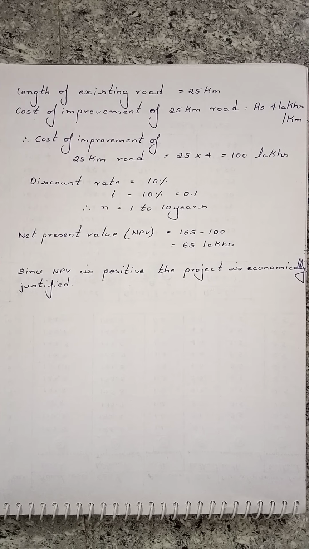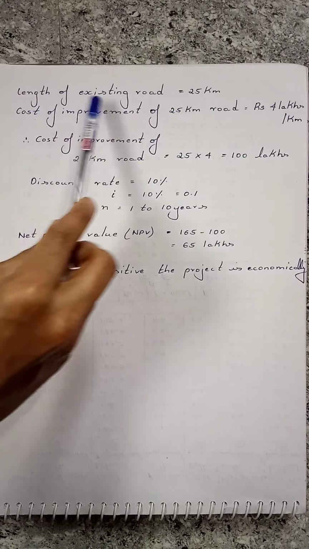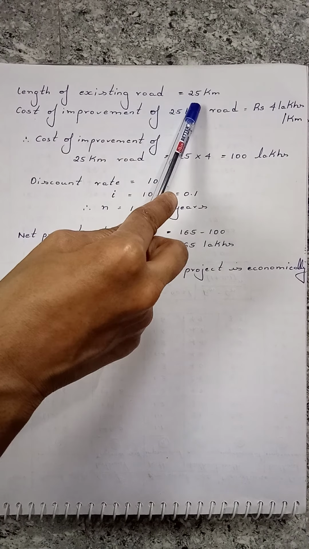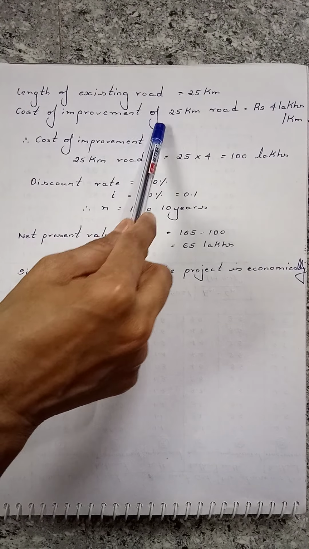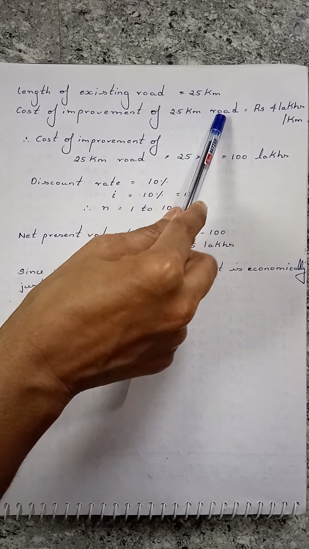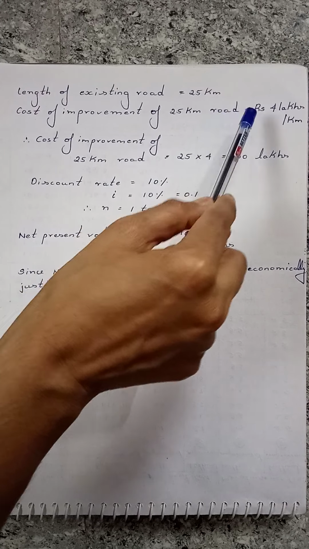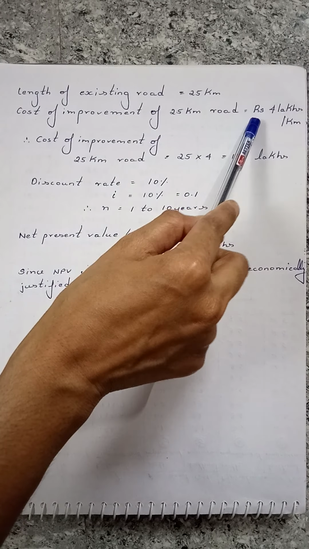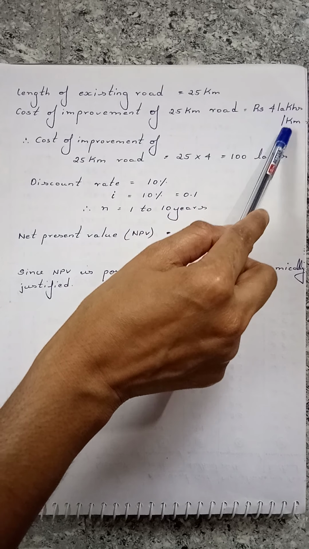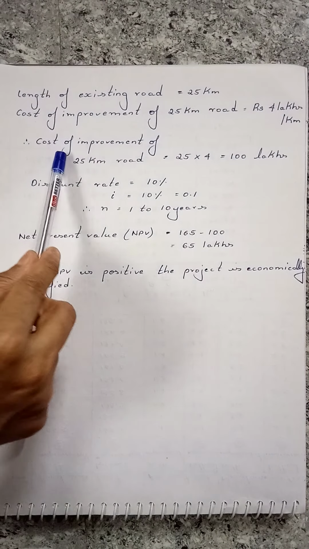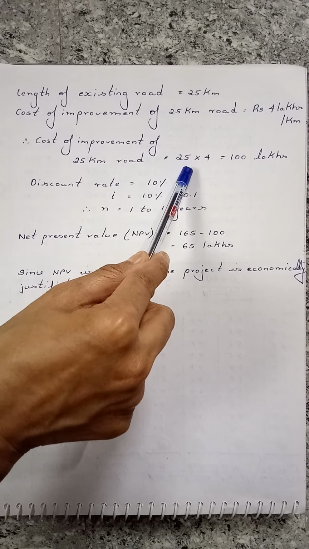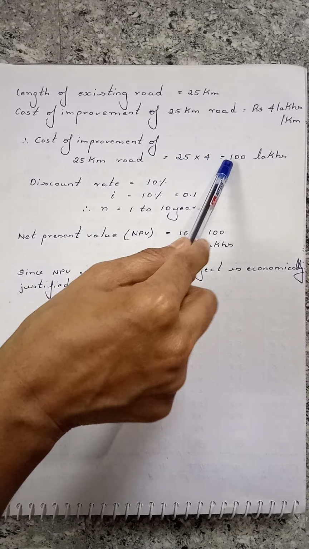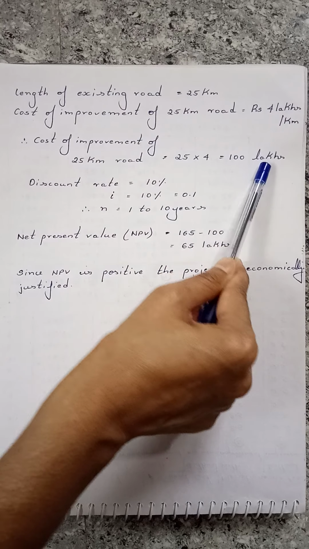The next part of the problem is that the length of the existing road is 25 km, so the cost of improvement of the 25 km road has to be calculated. For 1 kilometer it is rupees 4 lakhs per kilometer, so the cost of improvement of the 25 km road will be 25 into 4, that is 100 lakhs.